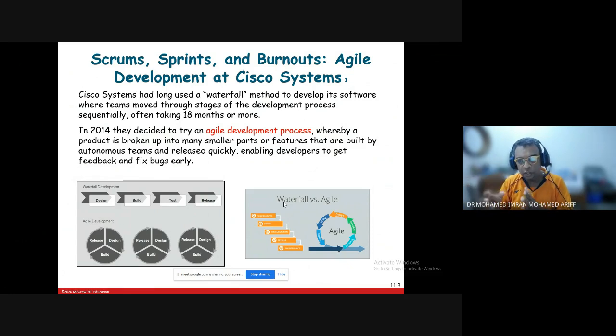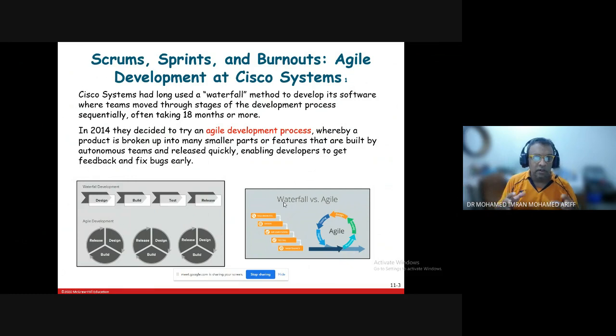It has to finish and then you move on. So let's say you are designing a product or a service. You have to make sure everyone in the group finishes designing first, and then you start building the product. After building, then you do testing, and then you release the product to the market.